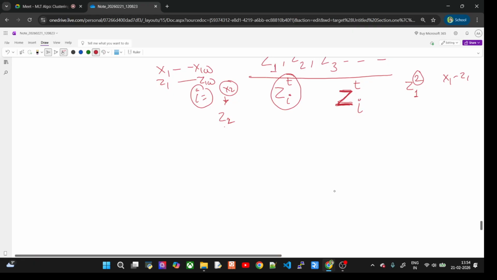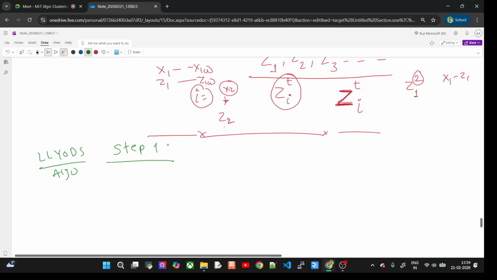So what is the first step in Lloyd's algorithm? The first step is initialization. We earlier initialized z1, z2 with 1, 2, 3, 4, meaning you have to initialize z1 and z2 with some value.